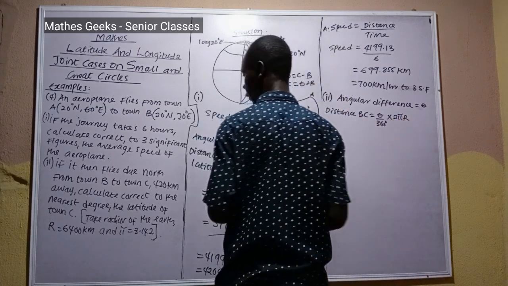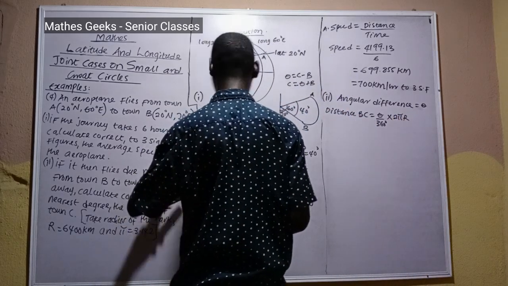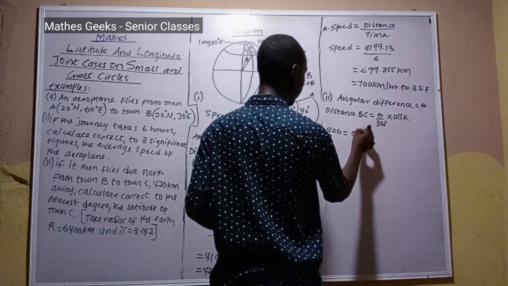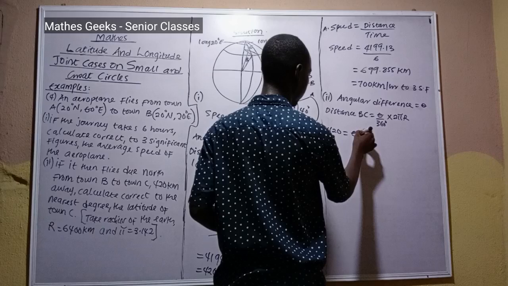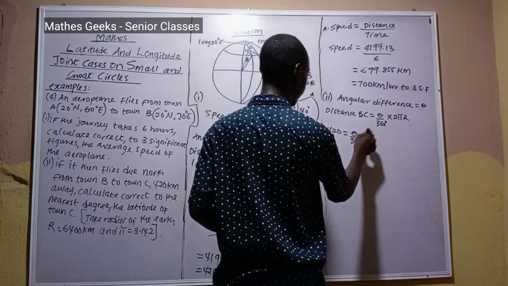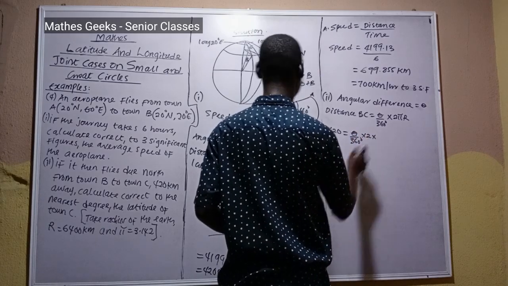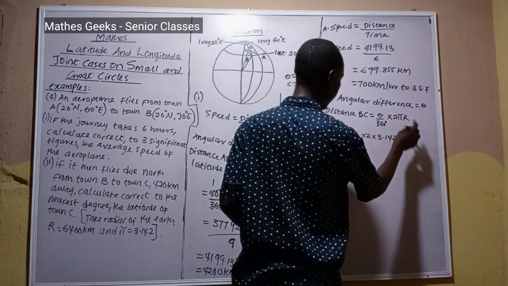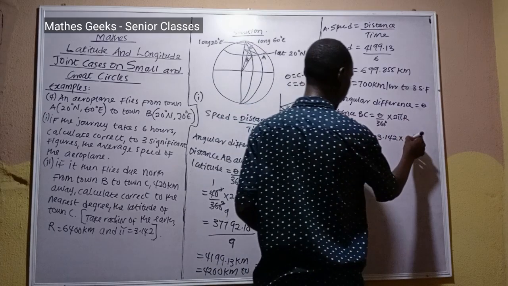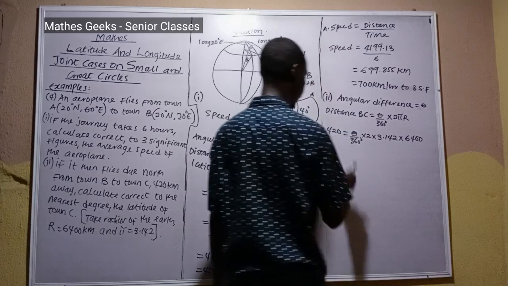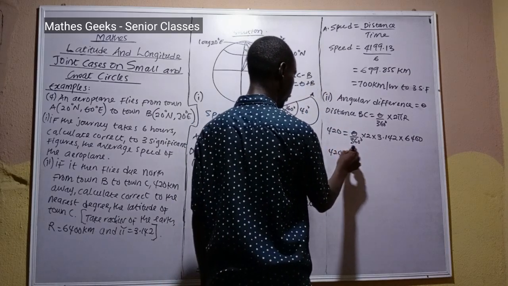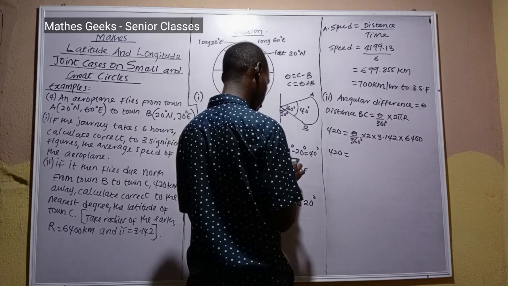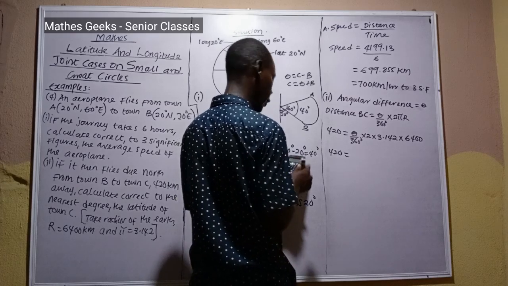Distance BC is given to us as 420 kilometers. So 420 is equal to theta over 360 degrees times 2 times 3.142 times r, radius of the earth, 6,400.